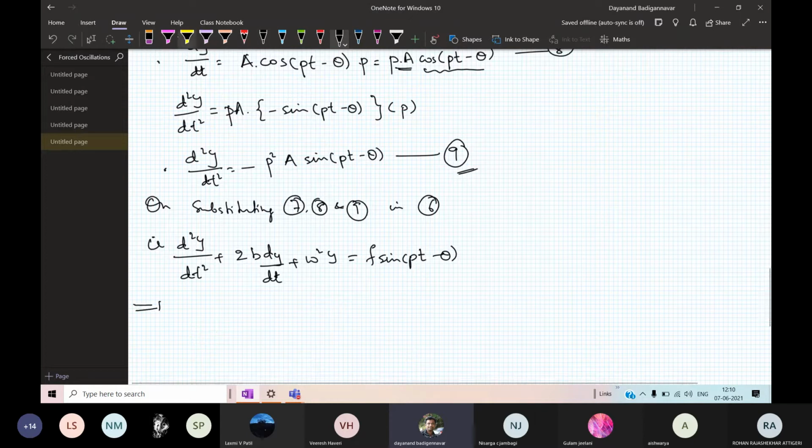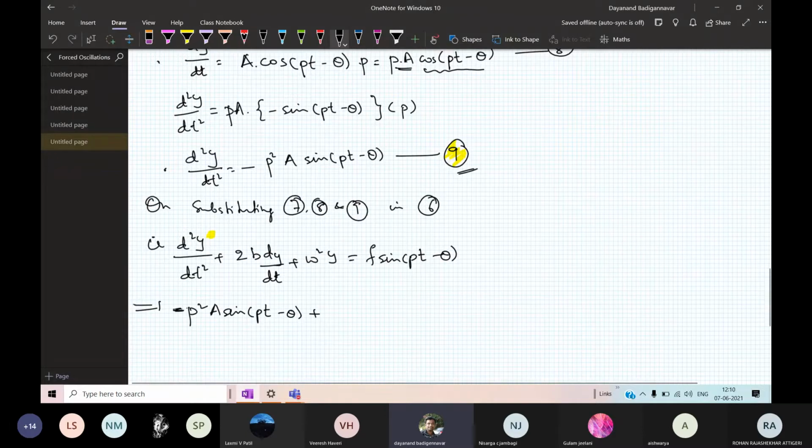Substitute it here. On doing the substitution, you get minus of p square a into sine of pt minus theta plus 2b as it is.